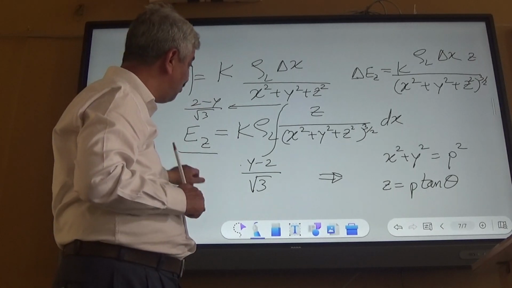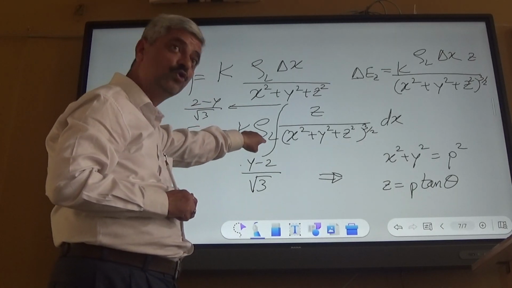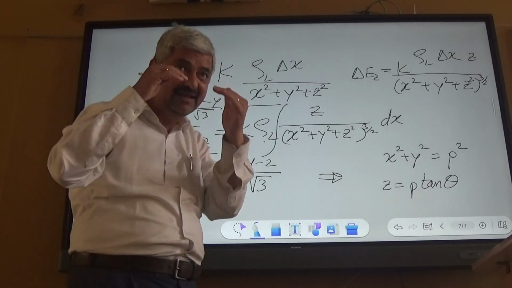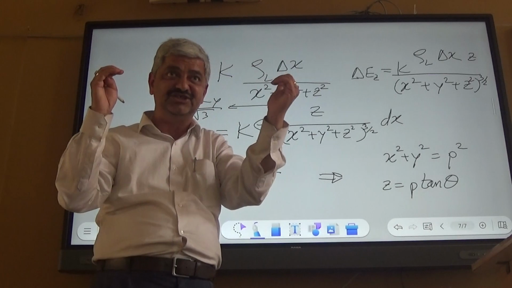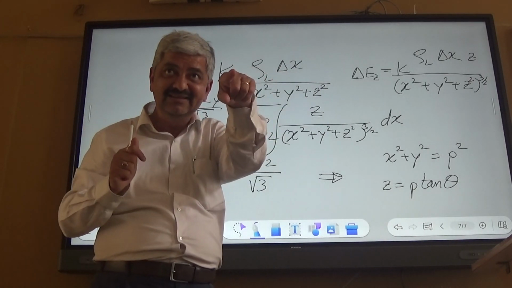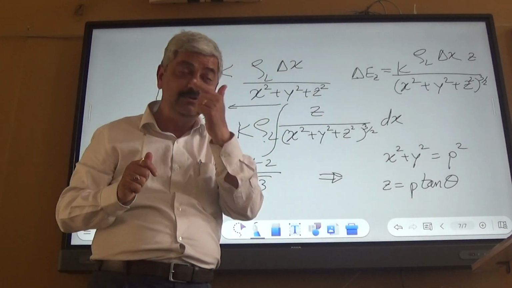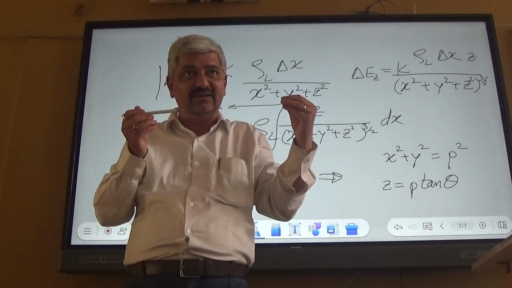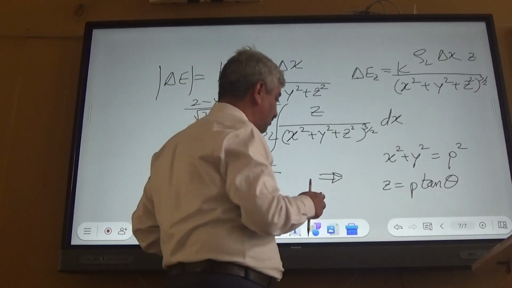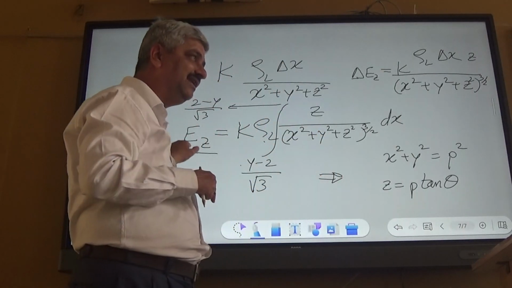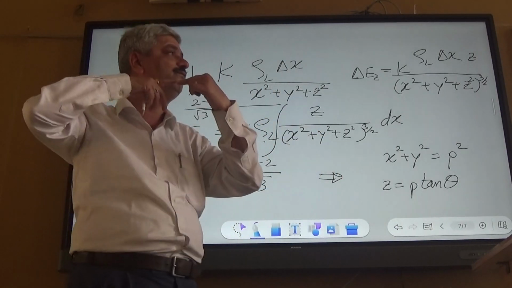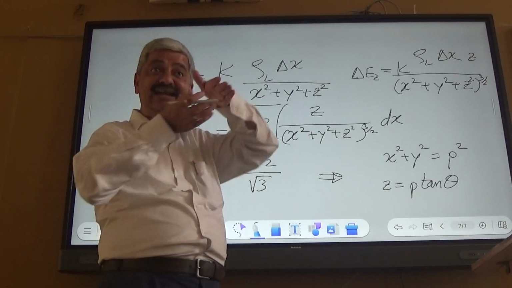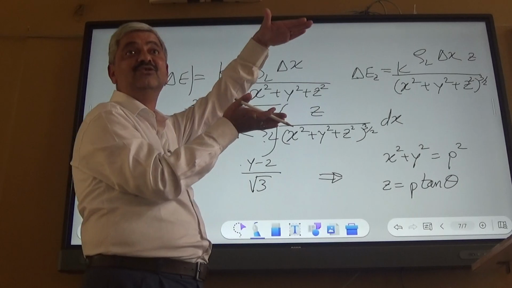That Ez is for rho L, which we have not yet calculated, assuming it to be a uniform line charge. But what is rho L? Rho S. So Ez because of the small strip will be delta Ez when you consider overall.